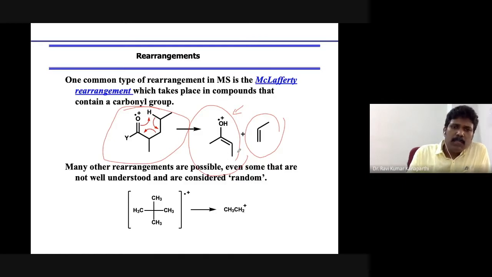Another thing is that beyond all these things, as I told you, these are some kind of general observations based on a few or a couple of compounds or maybe a large number of compounds. But always we do encounter many unwanted peaks, or many peaks also, in the EI mass spectrum. This is very common.